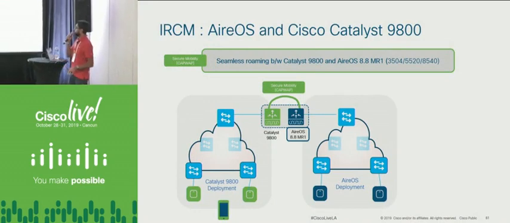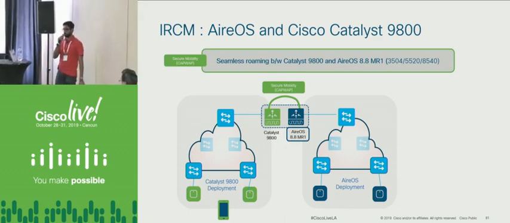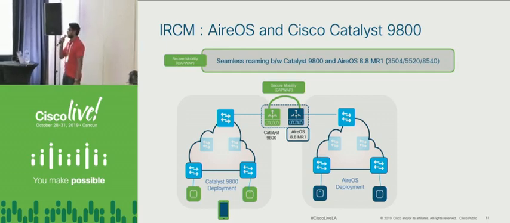You have something called secure CAPWAP mobility, which you require for joining a 9800 controller to a mobility group with AireOS controllers. Your AireOS needs to be on the 8.8 MR120 code, or if you have a 5508 controller that doesn't go to the 8.8 code, you would need 8.5 MR5 IRCM, the inter-release controller mobility release.